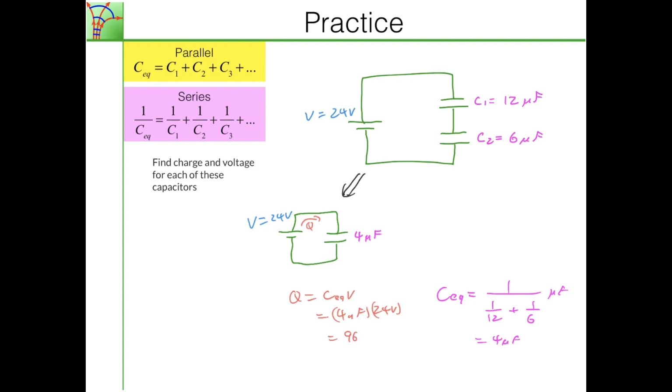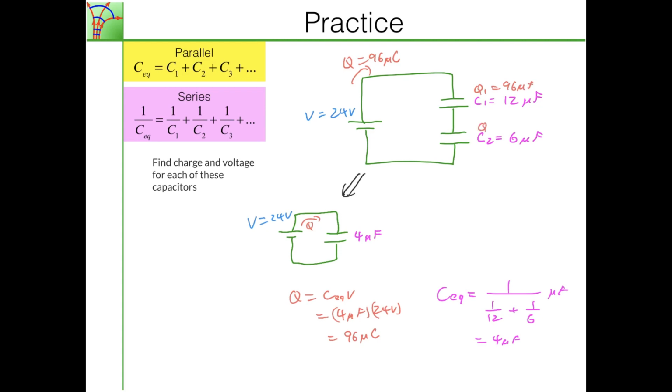We're in microfarads? Yes, microfarads. So 96 microcoulombs. So that is Q that comes out here. That means because these are in series, all that charge can only go one place. It has to go onto here.